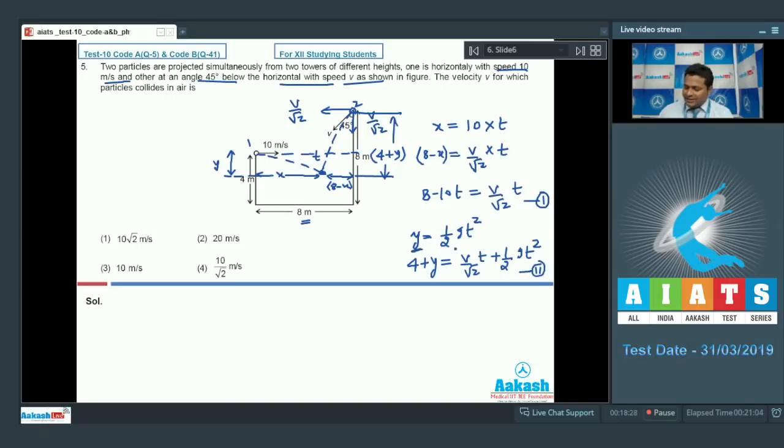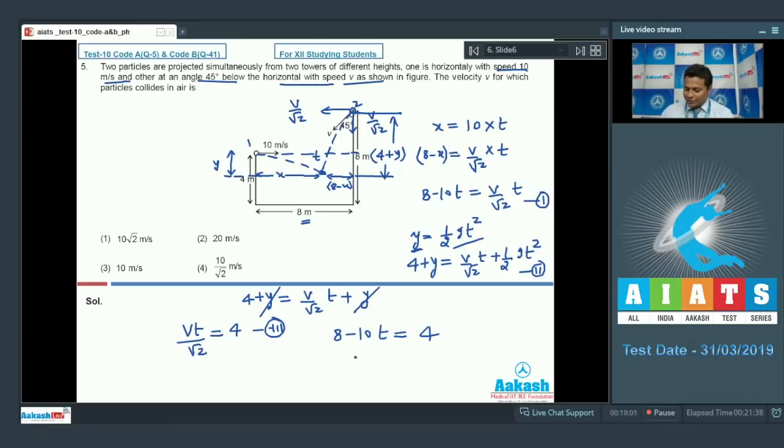Now y is half gt square, so we can directly write 4 plus y equals v upon root 2 times t plus y. y and y will cancel out. We have got the equation vt upon root 2 equals 4. Suppose this is equation number 3. Now from equation number 1 and 3 we have 8 minus 10 times t equals 4.